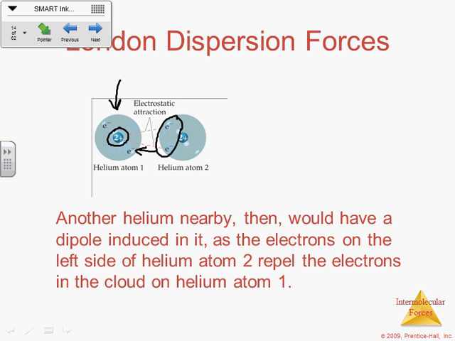In fact, London dispersion forces are so weak for small molecules that you have to get helium colder than any other element to turn it into a liquid from a gas. Helium just isn't very attracted to other helium atoms. But there is a little bit of attraction here based on this induced dipole.